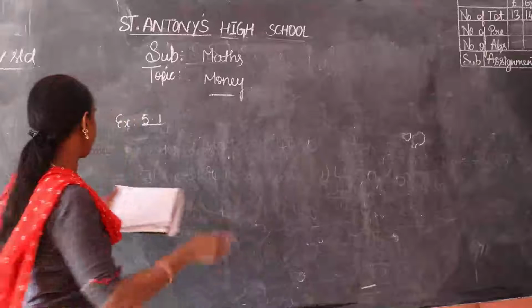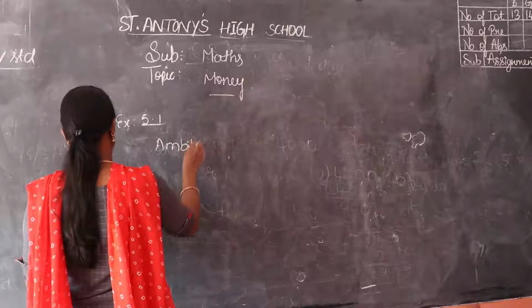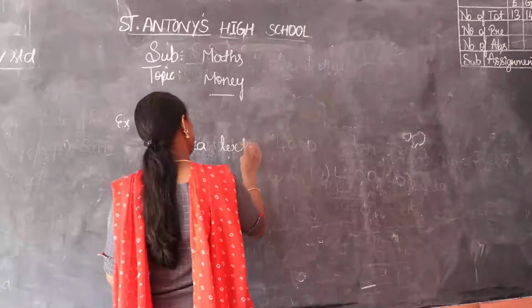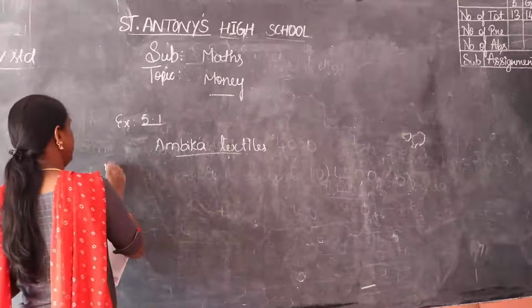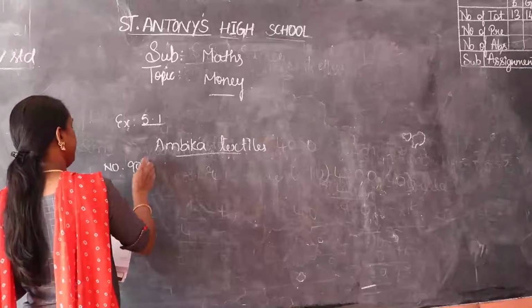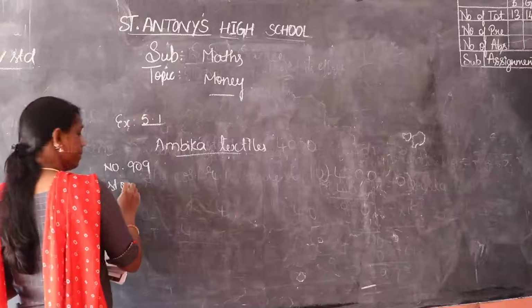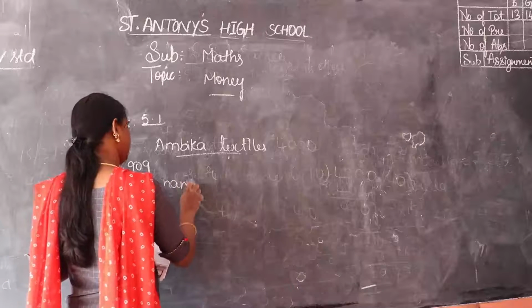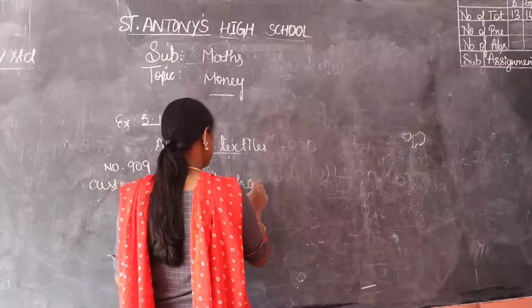The first one is from Ambika Textiles, number 909. The customer name, also write down, is Alisha.